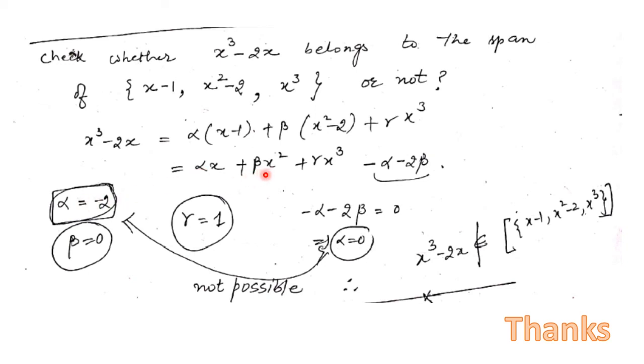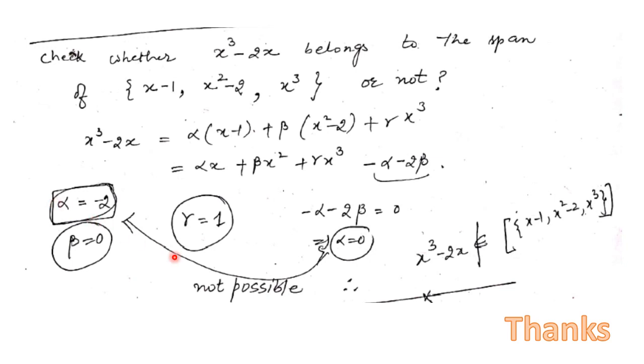Compare the coefficient of x square, here it is 0, so you get beta is 0. Compare the coefficient of x cube, you get gamma is 1. Now compare the coefficient of the constant term on both sides. Since beta is 0, from here you get alpha is also 0. Okay, but this is not possible, the value of alpha is minus 2.